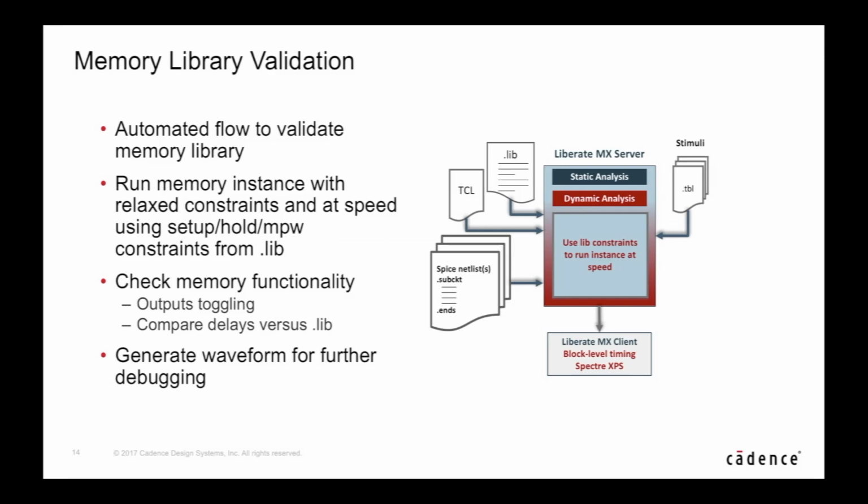What that means is that we take the values that we have in the library for setup and hold, and set up a simulation that uses those values to space the inputs appropriately. We do the same for the clock waveform, ensuring that the min pulse width and the cycle time that come from the library are actually satisfied.